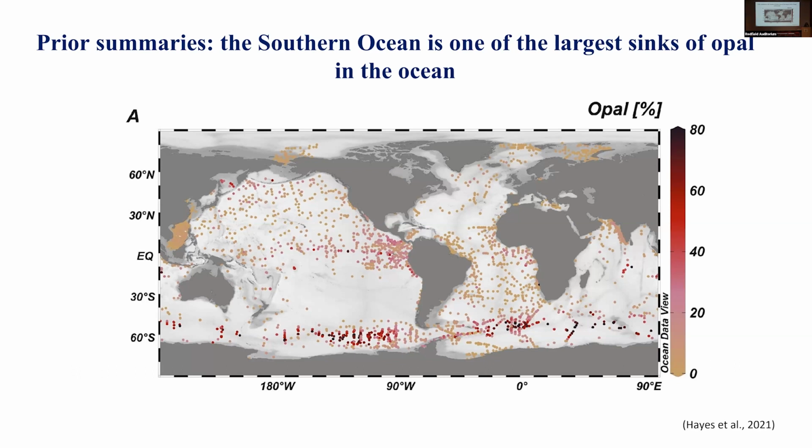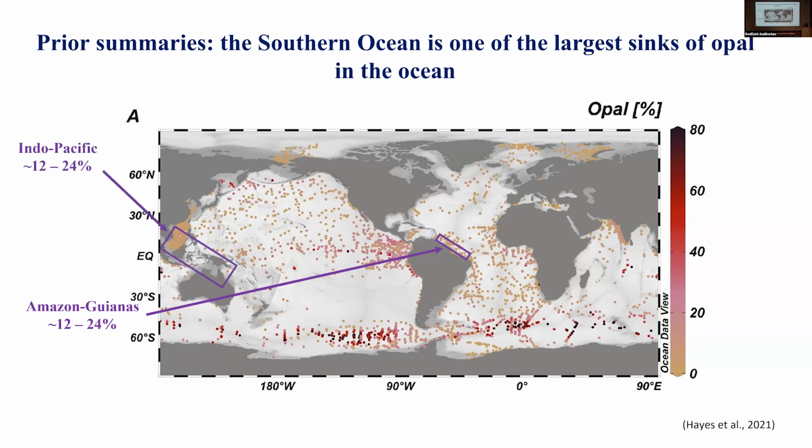But once you start putting in the results from this radio tracer, you see that in the Amazon-Guianas, and these data points are not close to shore, all of them are from below 1,000 meters water depth, once you get closer to shore, opal contents are anywhere from 12 to 24%.